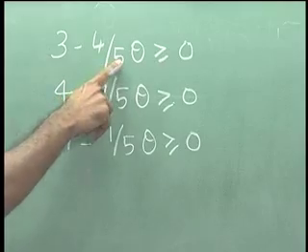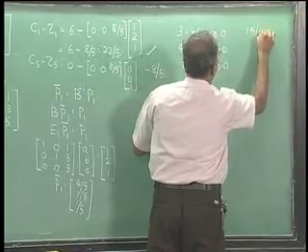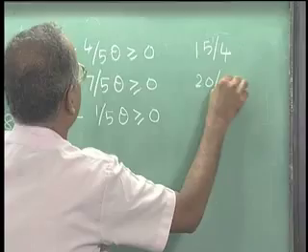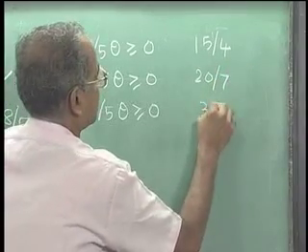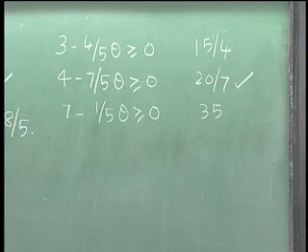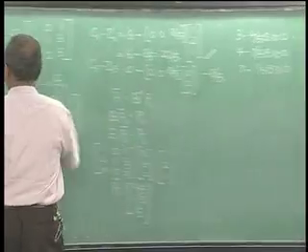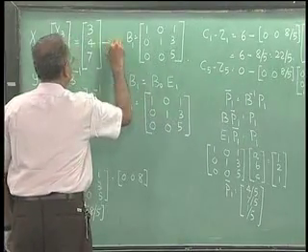So, here theta values are 15 by 4, 20 by 7 and 35. Now, 20 by 7 is the minimum value of theta. So, the second variable will leave the basis. So, this variable is the leaving variable.